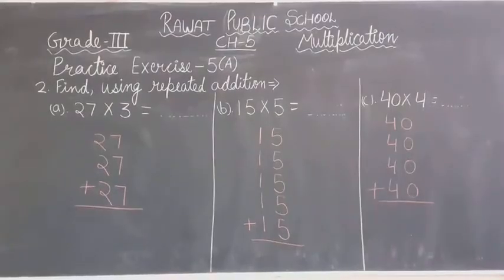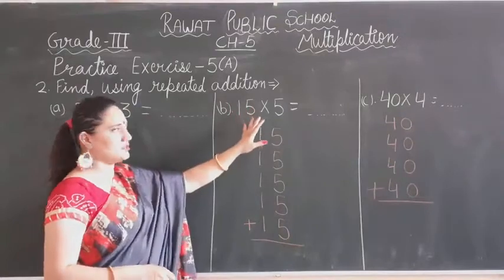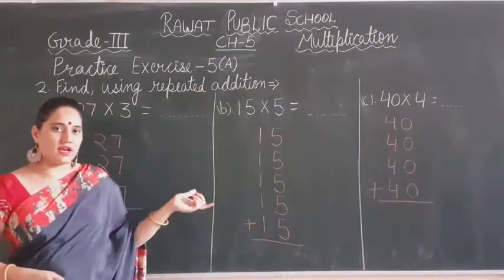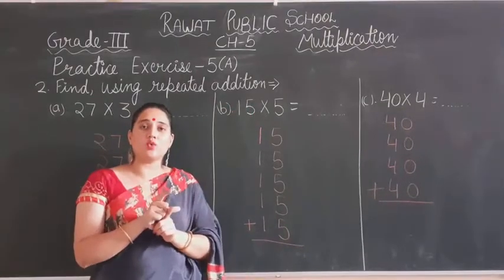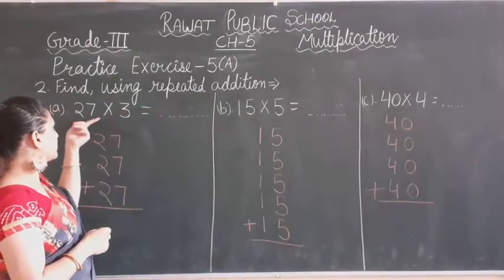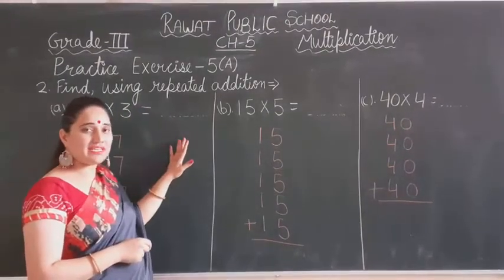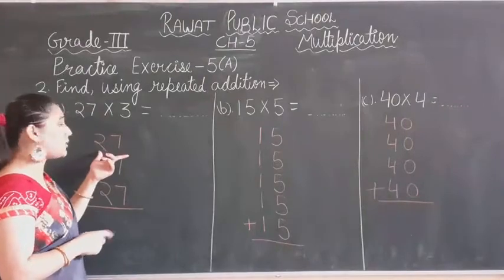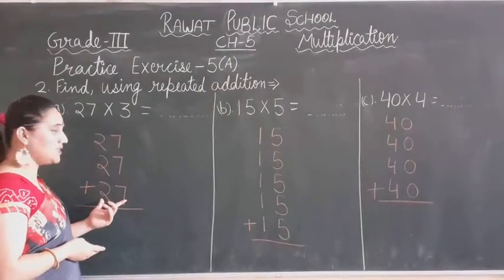So now we are going to see some more questions of practice exercise 5A. Find using repeated additions. As we already discussed, addition and multiplication are correlated with each other. So we are going to do 27 multiplied by 3. When we write it in repeated addition, we have to write 27 three times: 27, 27, 27.